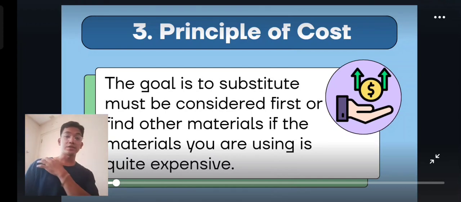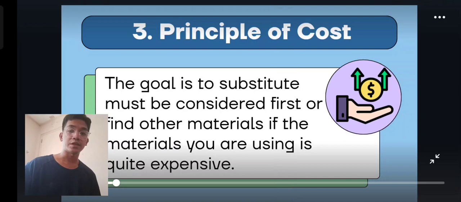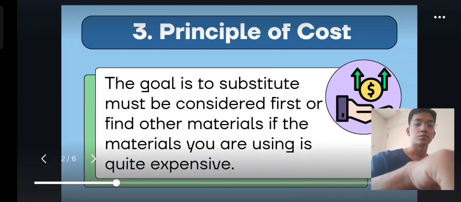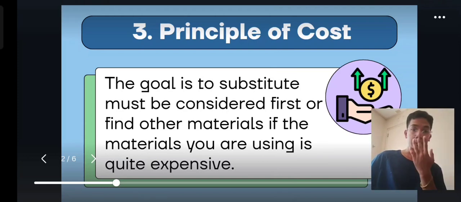So in selecting instructional materials, number 3, principle of cost. The goal is that a substitute must be considered first, or find other materials if the materials you are using are quite expensive.